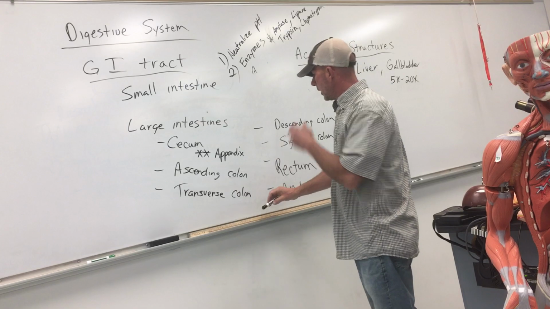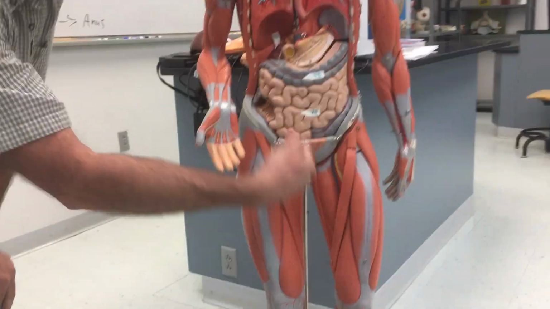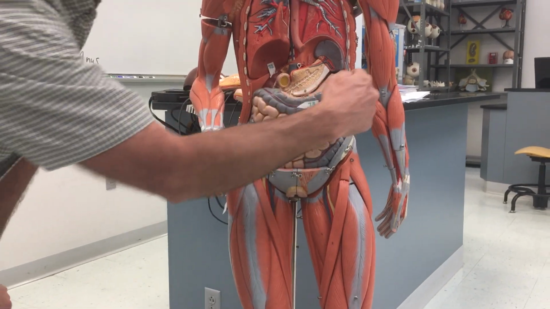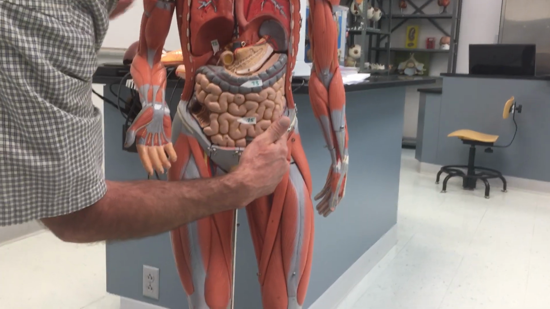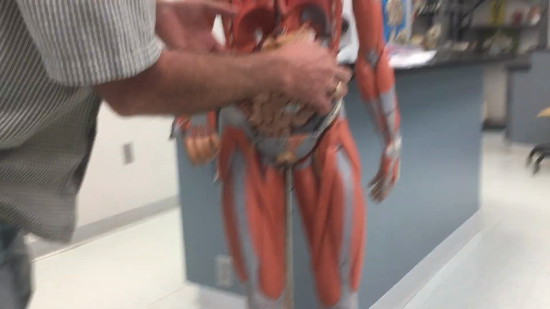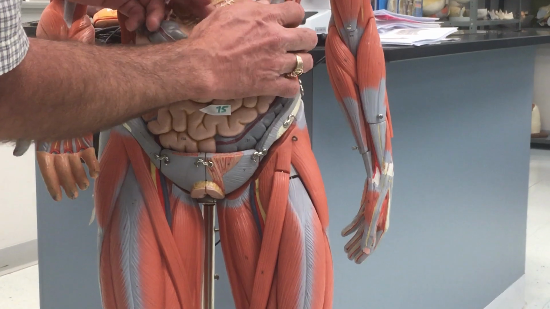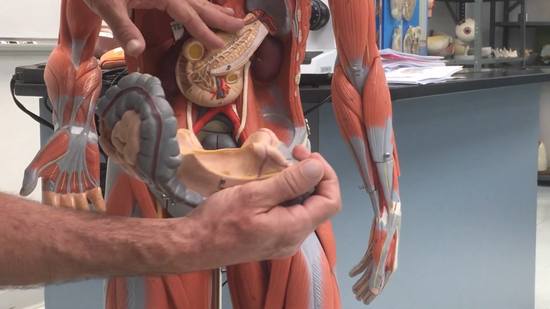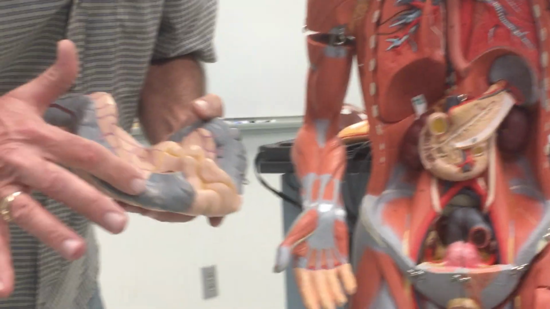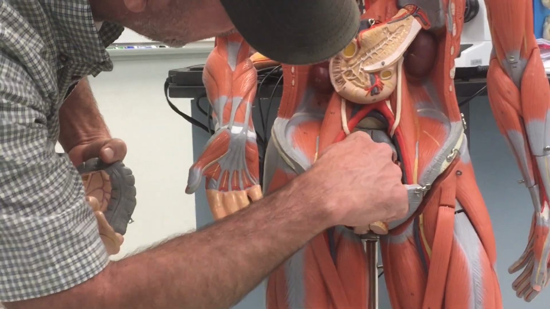Now, I guess I didn't show you all this. So you have the cecum, the appendix I showed you, ascending, transverse, descending. Then it gets down here and does this S-shaped curve going down. And I don't think this model shows the rectum and anal canal very well. Now, you can see where this S-shaped curve starts with the sigmoid colon, about right here.